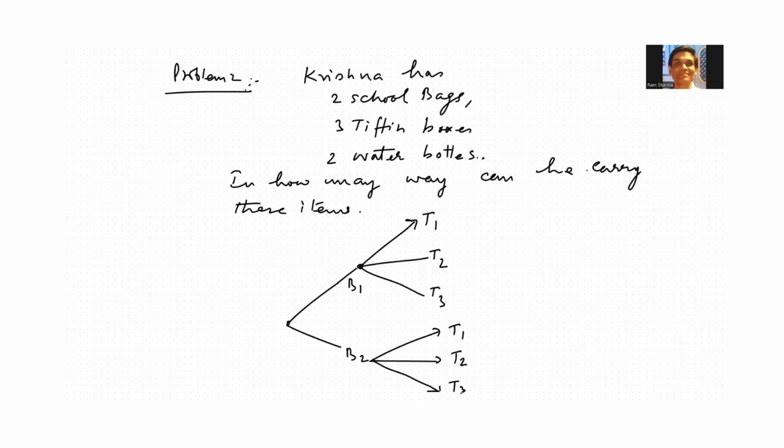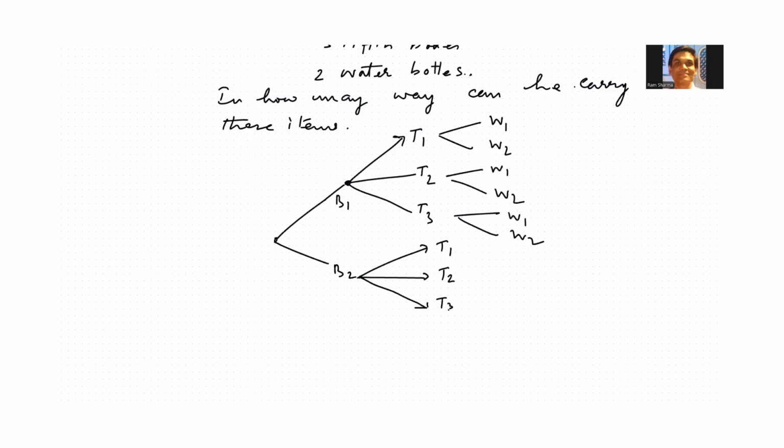And we got 2 water bottles, so we write W1, W2 with each tiffin box. Similarly, we attach with the B2 section, same way, W1, W2, and finally with T3, W2.